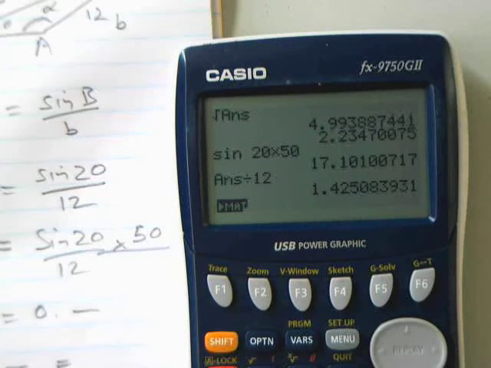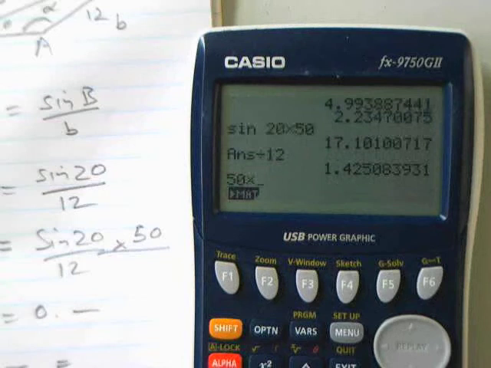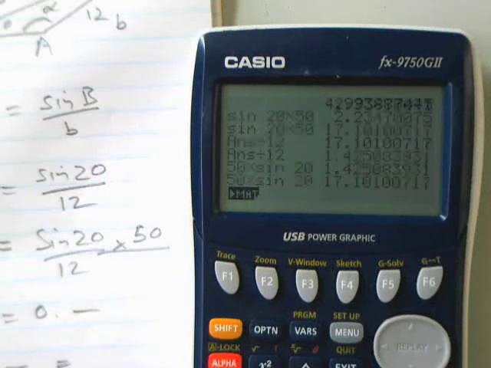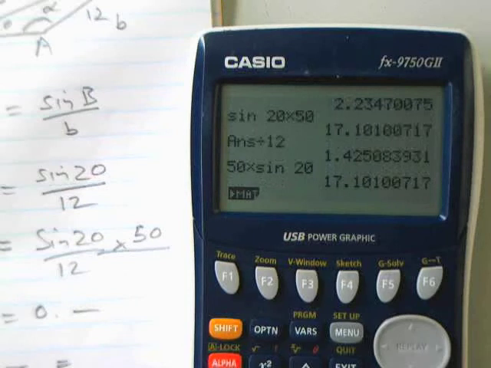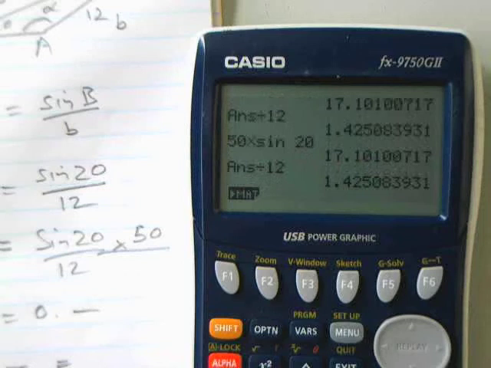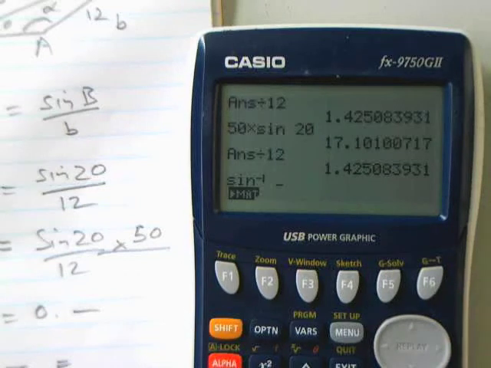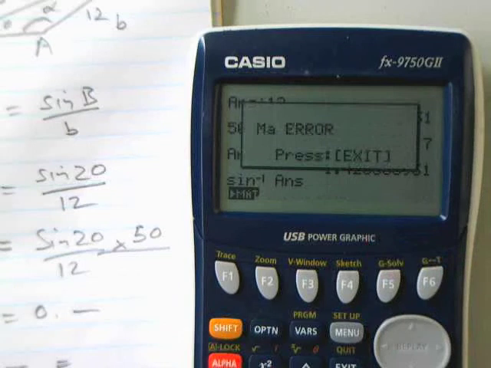What's gone on there? Let's do it the other way around. Let's go 50 times sine 20. Got the same answer. Divided by 12. And I go shift sine, answer, and I'll get a maths error.